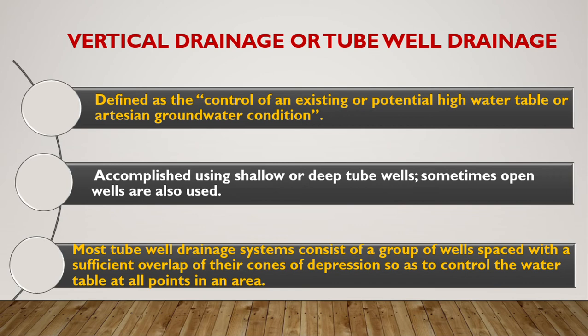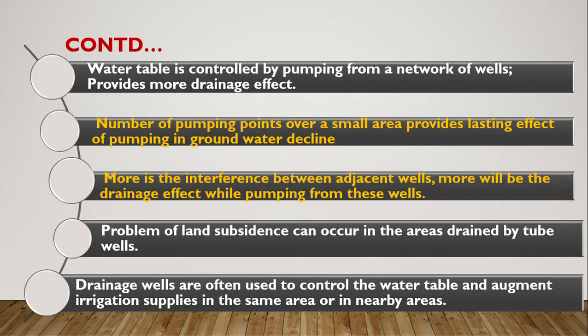This process will decrease the amount of subsurface water or the excess water table, but that excess water will be utilized for irrigation or domestic purpose. So it actually has a double advantage.